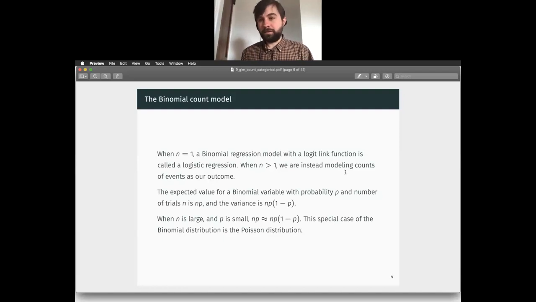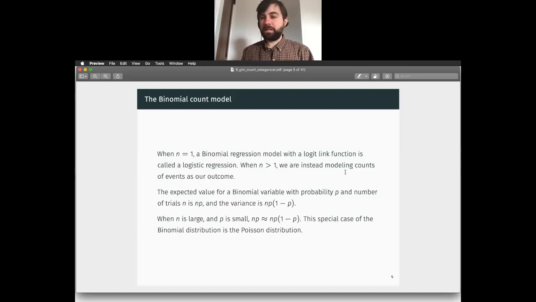This is called the Poisson. The Poisson is the special case of the binomial where the expected value, n times p, is approximately equal to the variance. So the Poisson distribution has a special feature where it has a single parameter and it describes both the mean and the variance of the data.